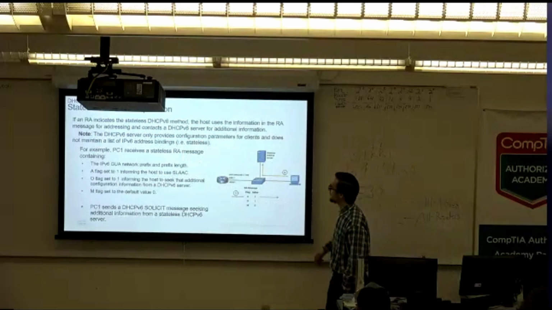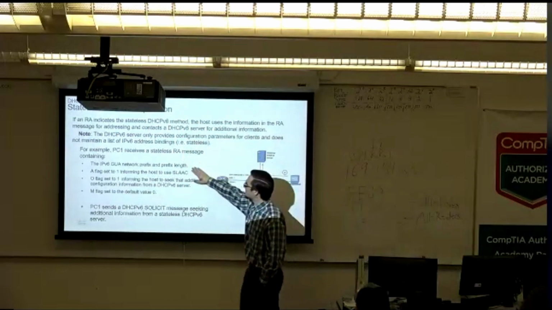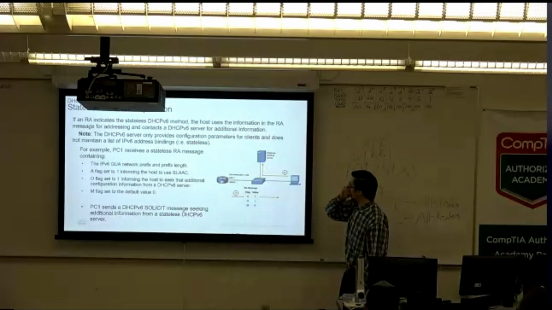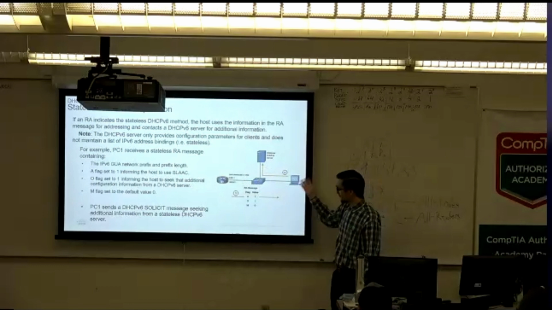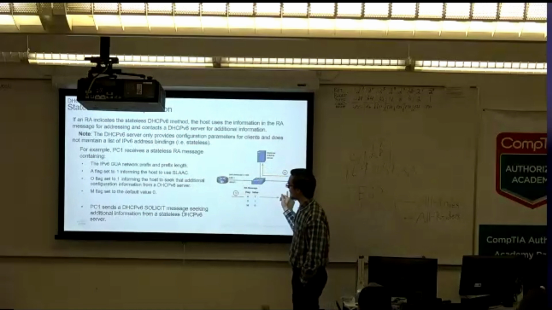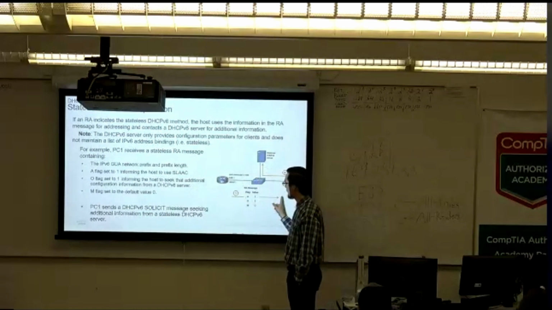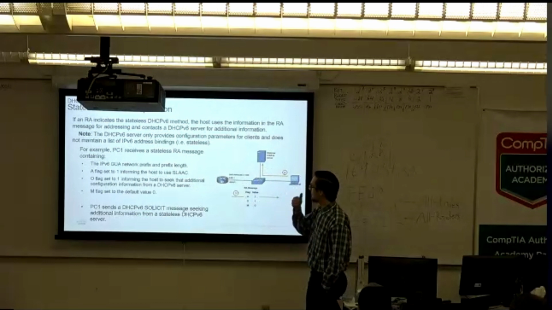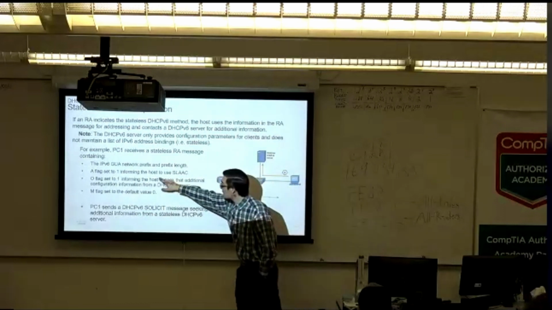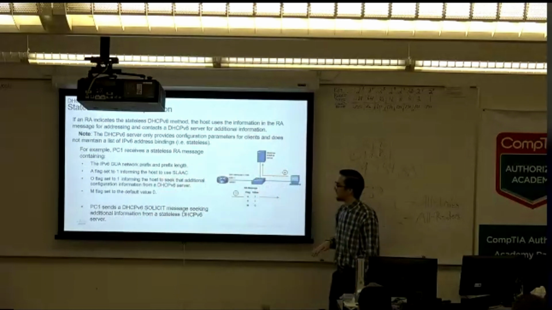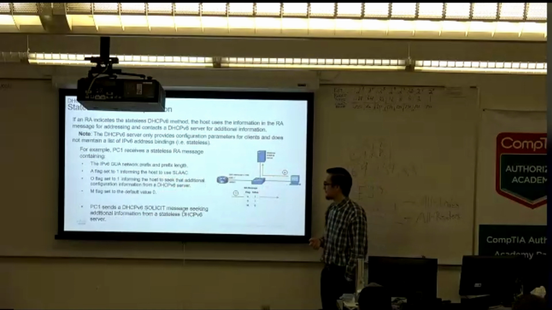All right, so PC1 receives a stateless RA message from the router, either automatically or because it solicited it. So something could have happened to make step 1 happen. But the A flag is set to 1, informing it to use SLAAC, so it's going to give itself an IP address.